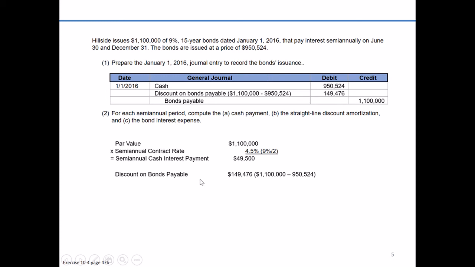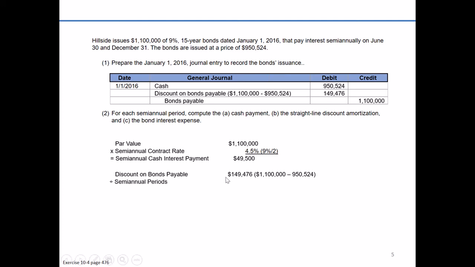Well, we need to find some reasonable way of how to attach that to each period, and we're going to use the straight line method. And the straight line method of amortization of our discount works very similar to the straight line method you dealt with for fixed assets.